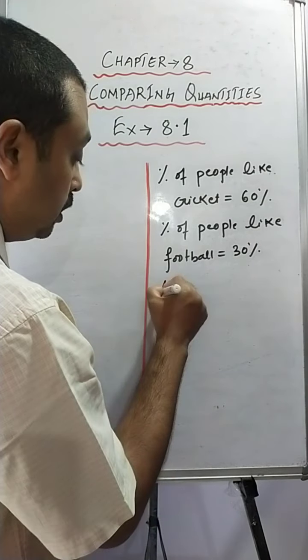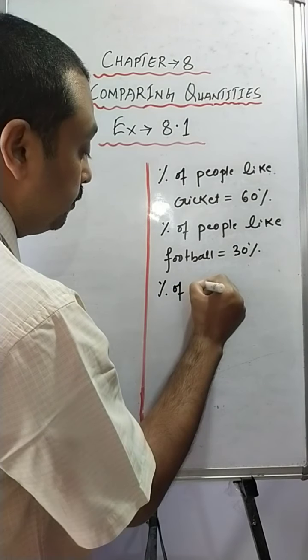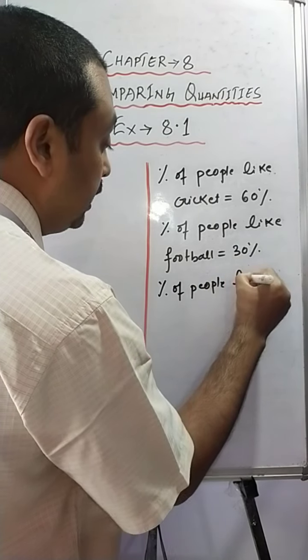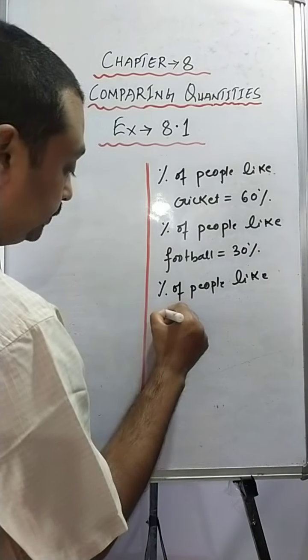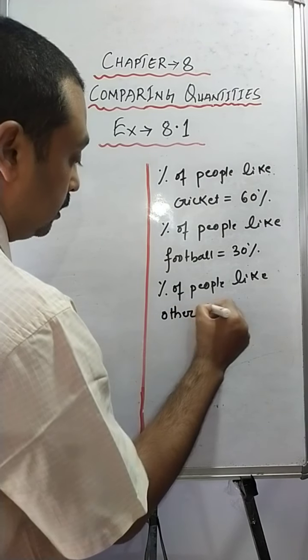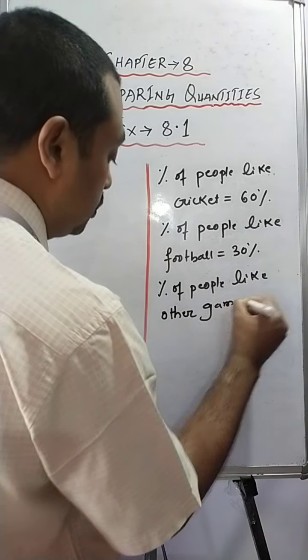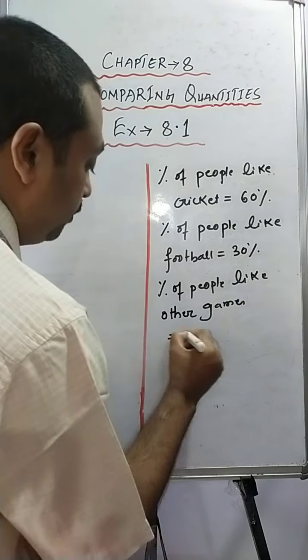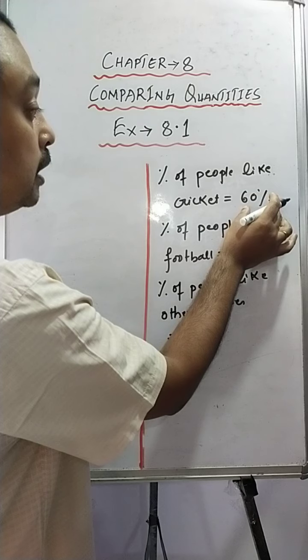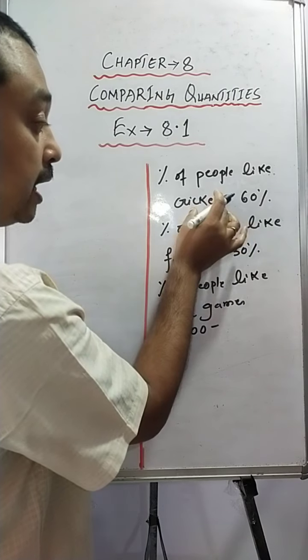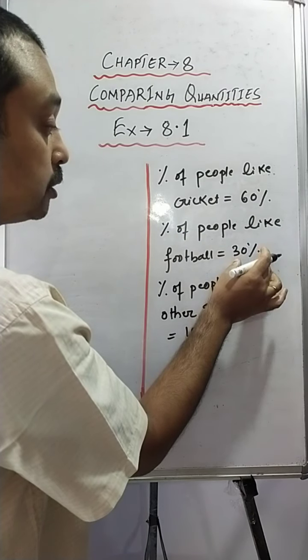So you write percentage of people who like other games. So how to get it? What is the total percent? 100. Now from 100 we'll subtract the percentage of people who like cricket, and also we'll subtract the percentage of people who like football.